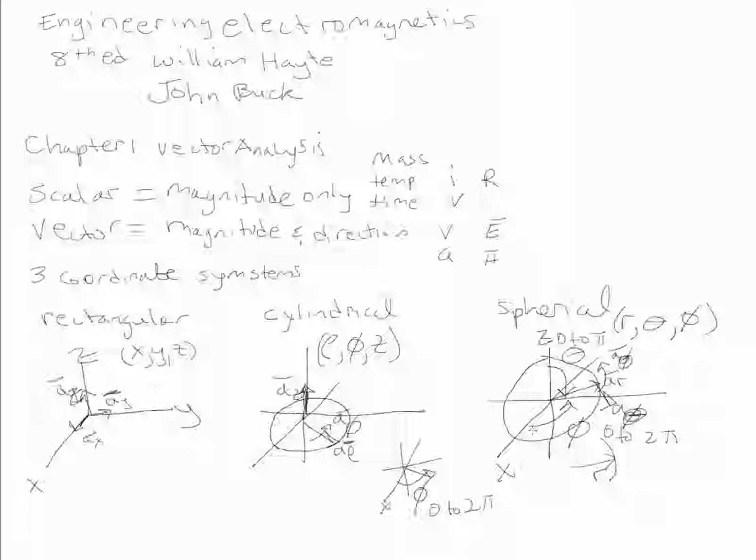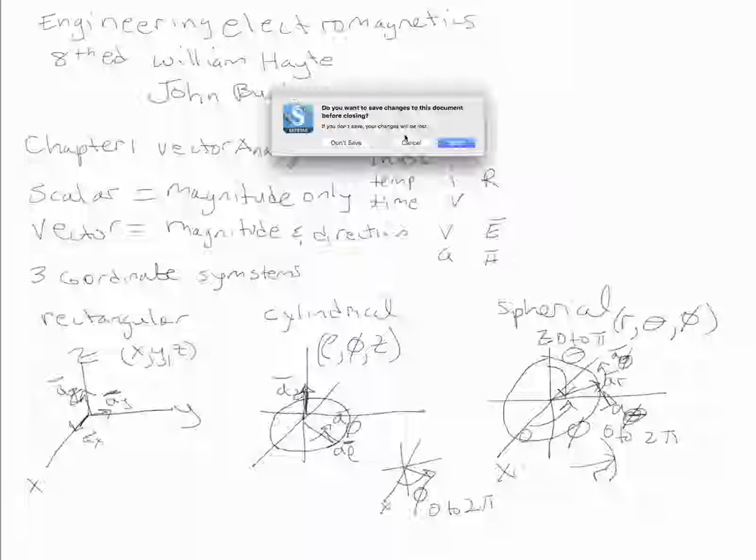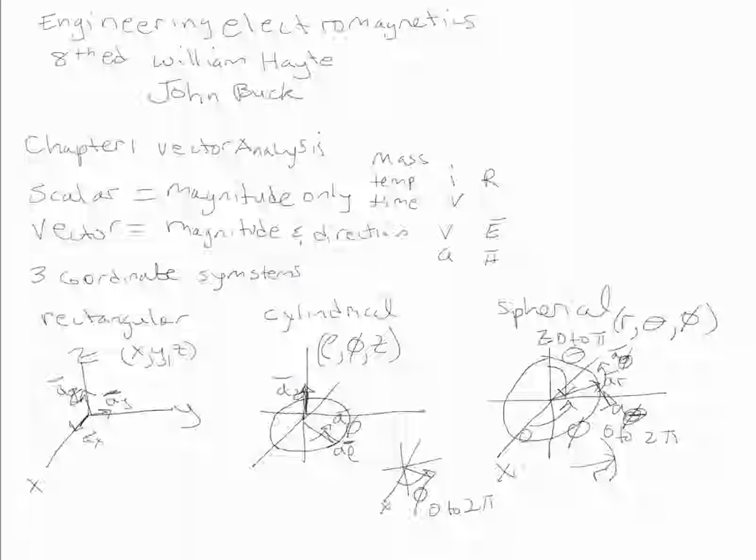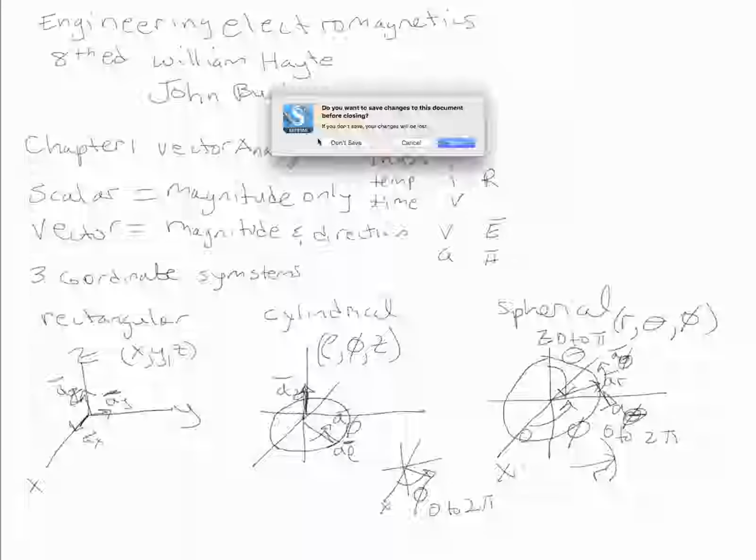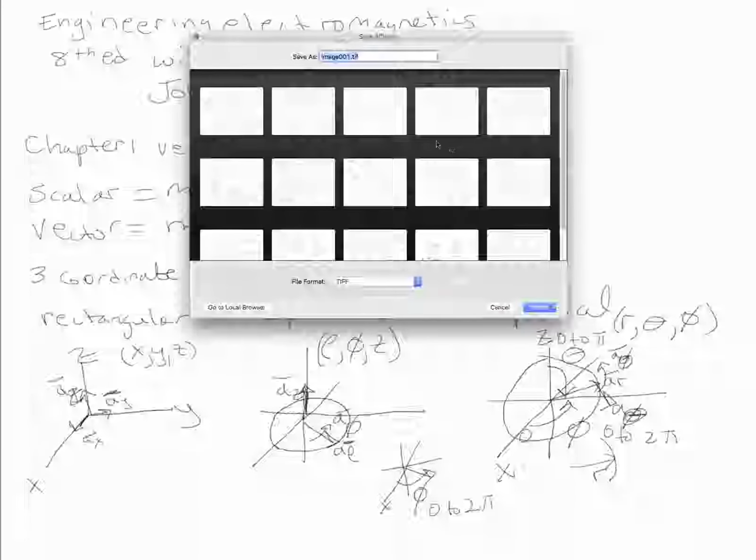So phi starts at 0 and goes out from the x-axis, and theta goes down from the z-axis. That's page 1.